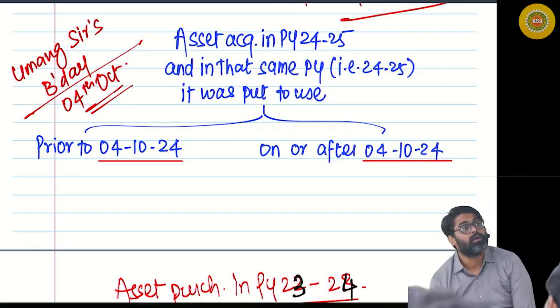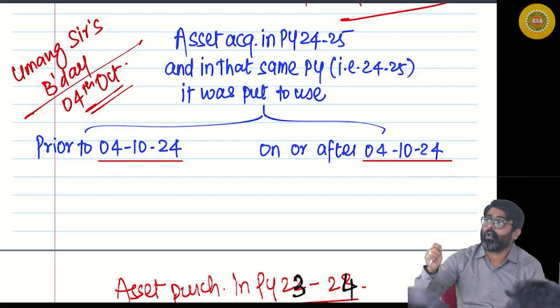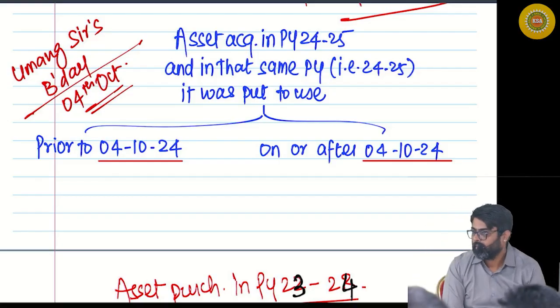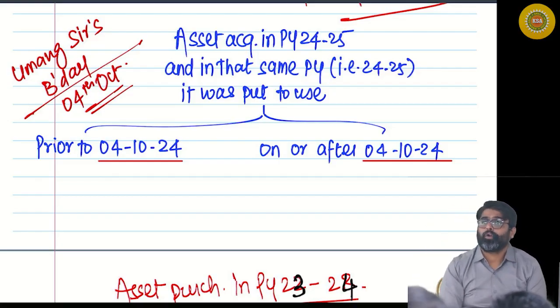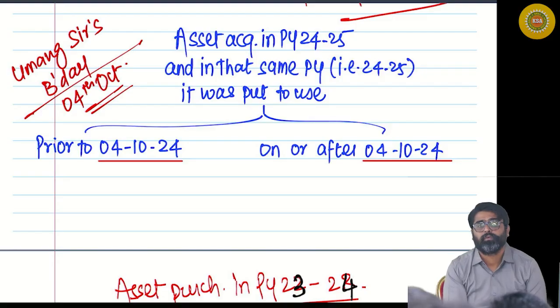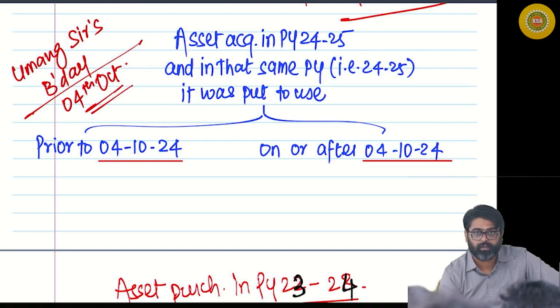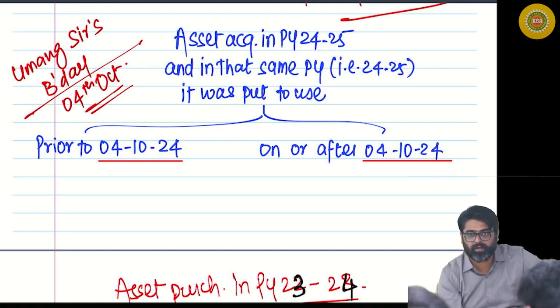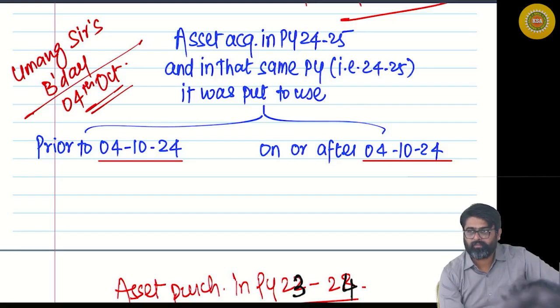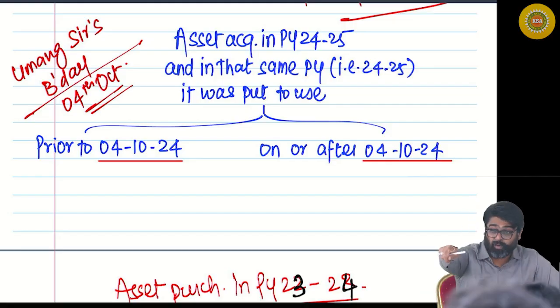Let's take it was put to use on 4th October. October has how many days? 31 minus 3 days, 28 days in October it will be used. November 30, December 31, January 31, February 28 and March 31, exactly 179.